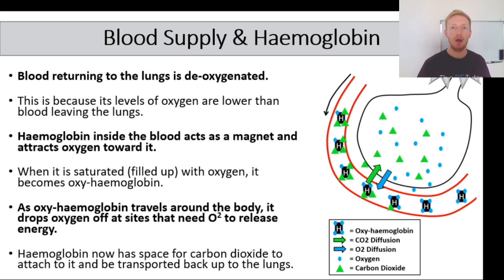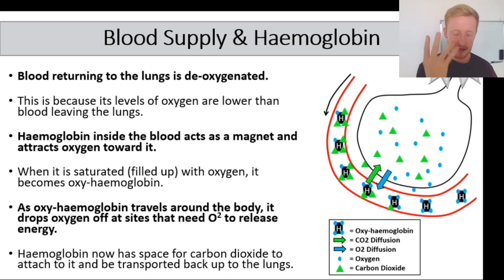I've already used the bus analogy with the volume of air, but inside the blood, think of the haemoglobin as a car. There's only so many people that you can fit inside a car, and with haemoglobin we get 4 spaces for oxygen.